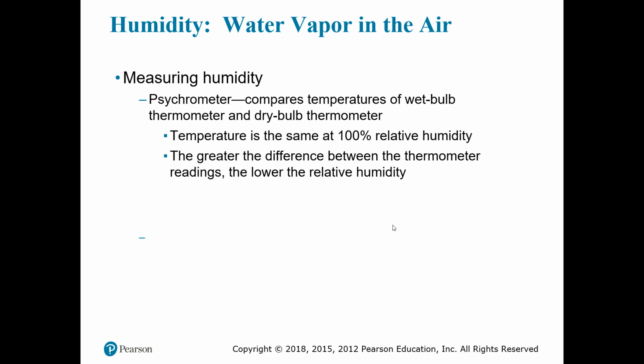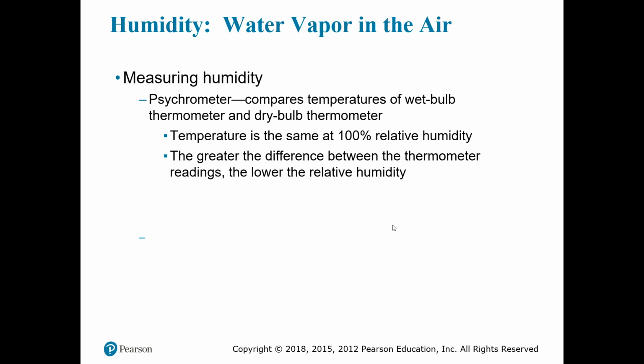So if the temperatures of both thermometers read the same number, let's say they both say 25 degrees Celsius at the same time, that means that we have 100% relative humidity. But if there's a difference between one thermometer and the other thermometer's reading, the greater the difference means the lower relative humidity.